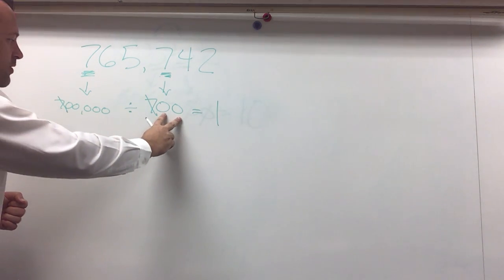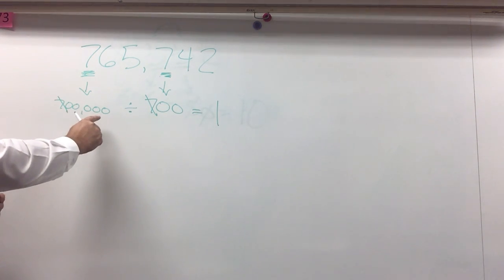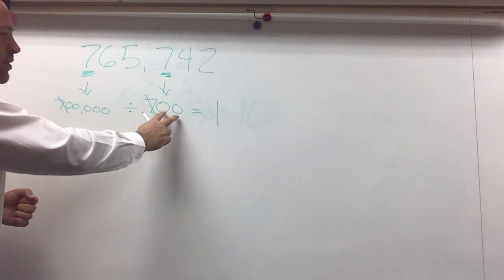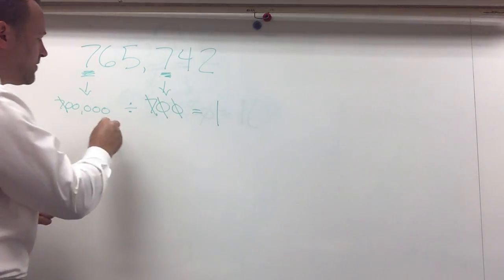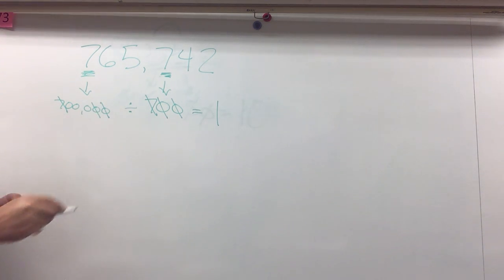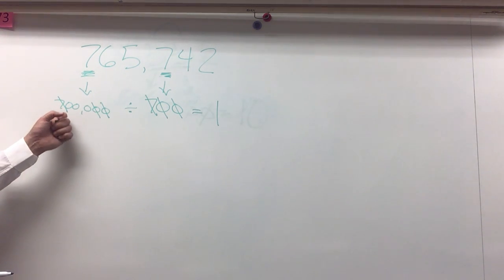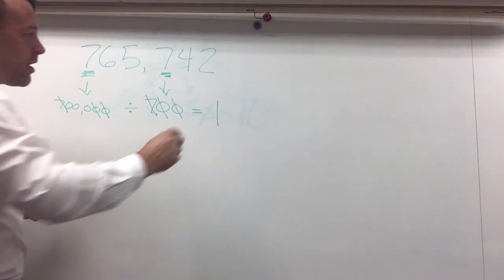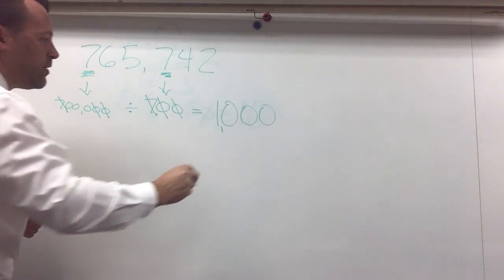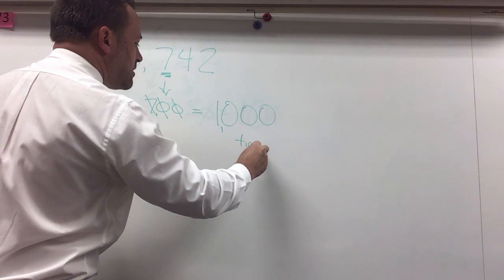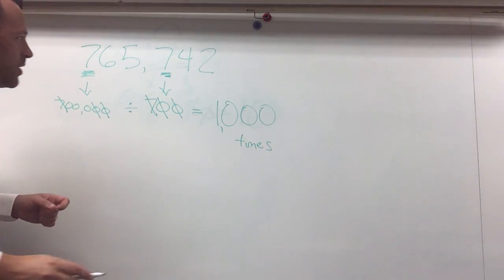Okay, I've got 2 zeros here. I've got 5 zeros here. What can I do with these two? I can get rid of them as long as I get rid of 2 over there. Still have a few left over. Let's bring them over. It's 1,000 times greater.